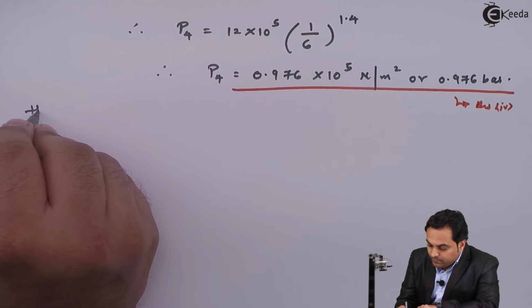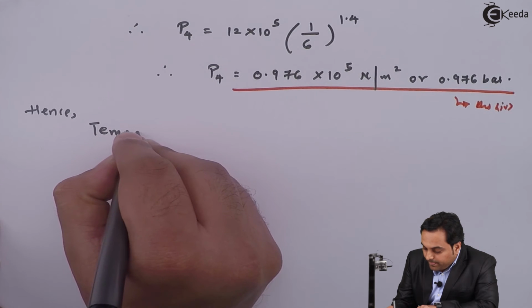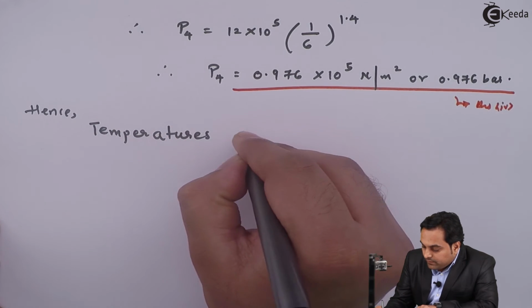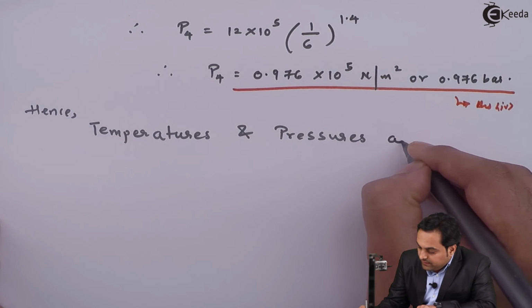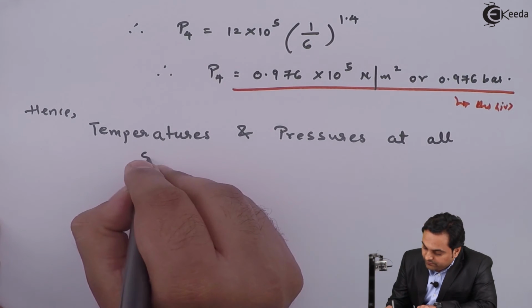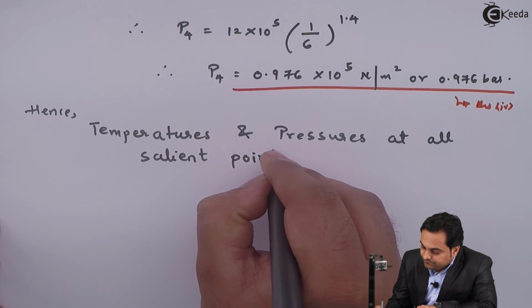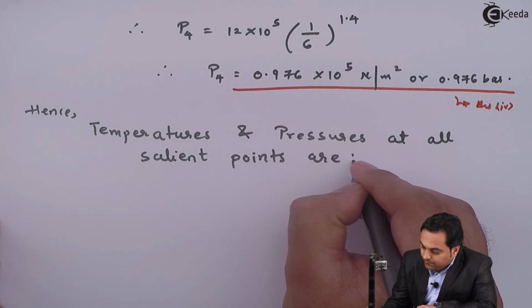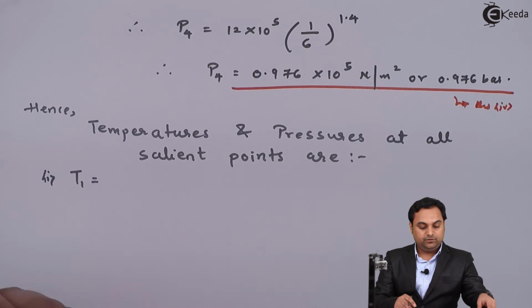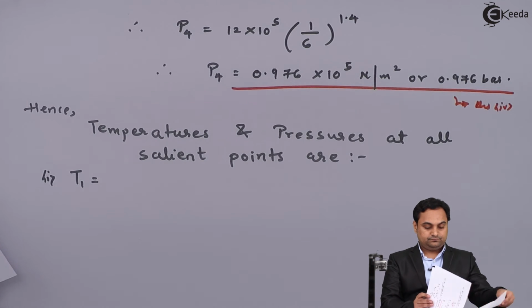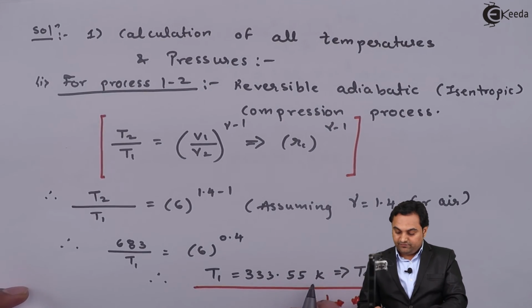Hence the temperatures and pressures at all salient points are, now starting with the first point, that is T1. T1 is equal to 333.55 Kelvin.